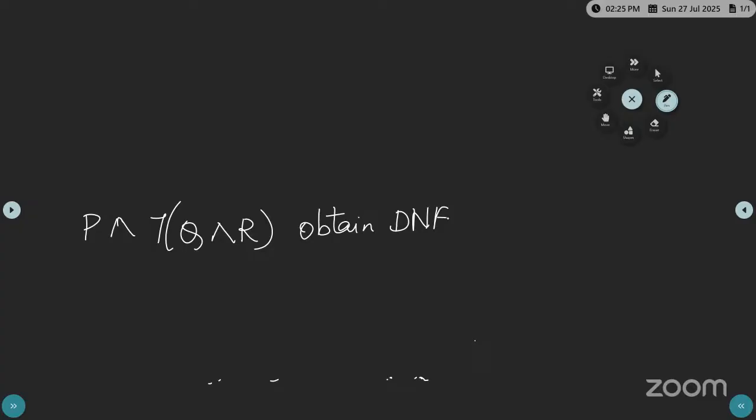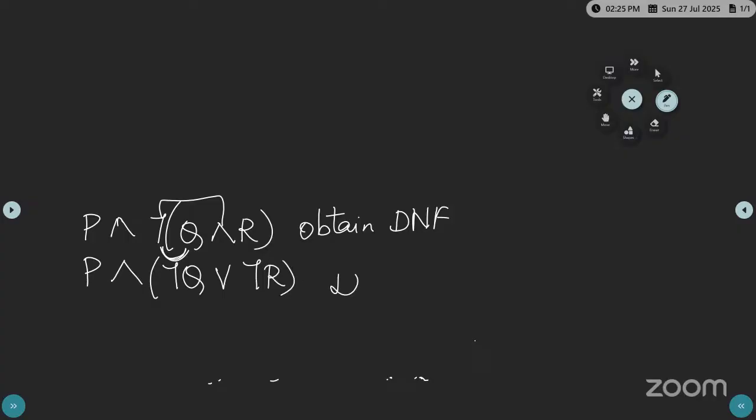Just here. You are having P and negation of Q. What will happen? It will become negation Q. Right? Negation of and, ఏమవుతుంది? R of and, or, negation R. Now what will you do?